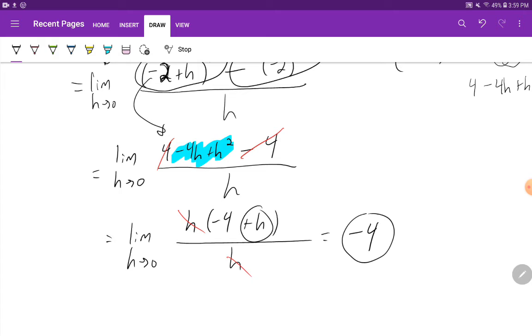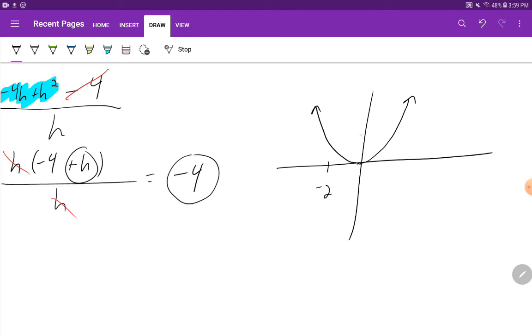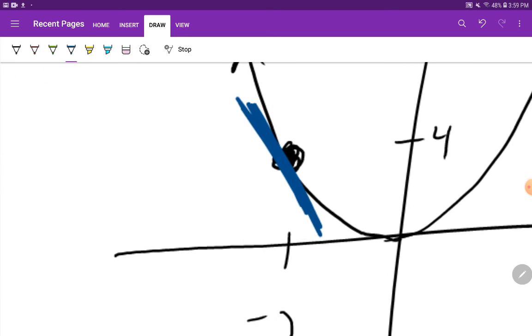That is the slope of x squared at x equals negative 2. And just to give you a pictorial reference here, this is x squared. This is my function. And negative 2 is somewhere here, and the height is 4. What this is saying is the slope of the tangent line, meaning if I were to draw a line right on top, like I could zoom in an infinite amount.